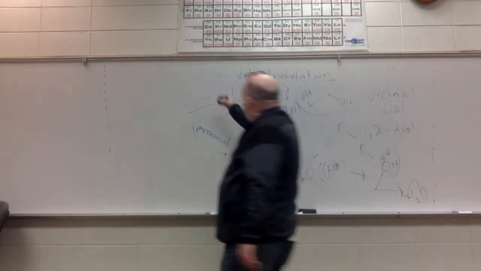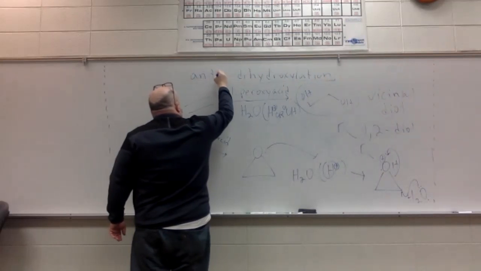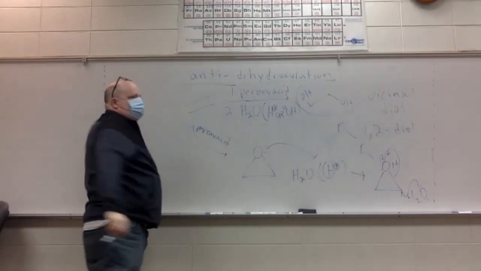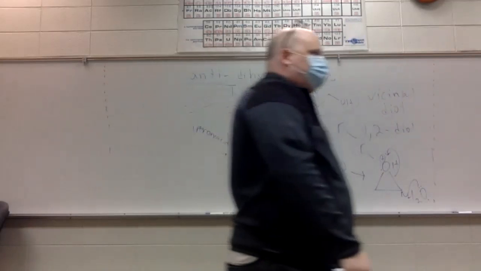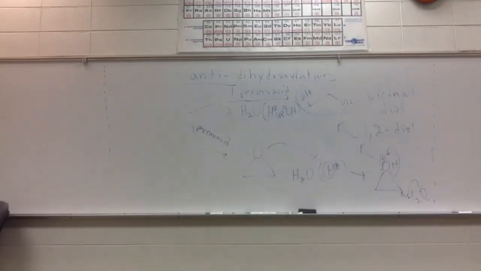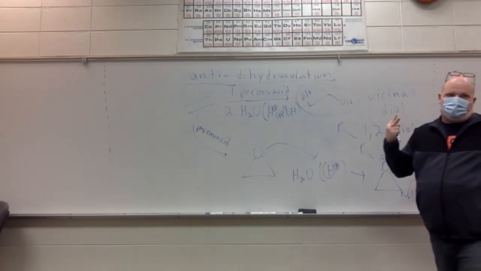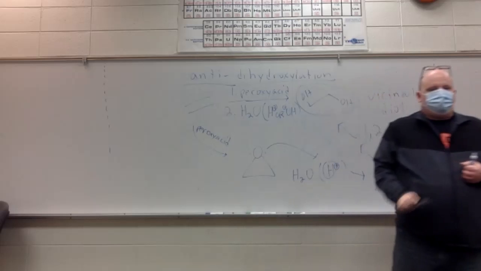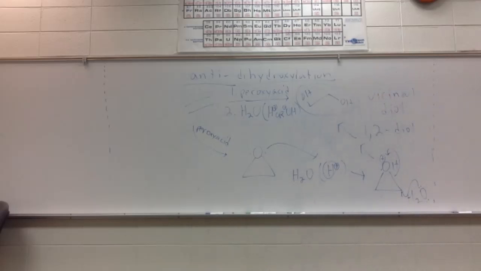So specifically, this is called an anti-dihydroxylation. We'll see there is a syn one, but it works a lot differently. Okay, so anti-dihydroxylation, number one, make an epoxide. Number two, you break it open with water. All right, does that make sense? So far, so good? All right.